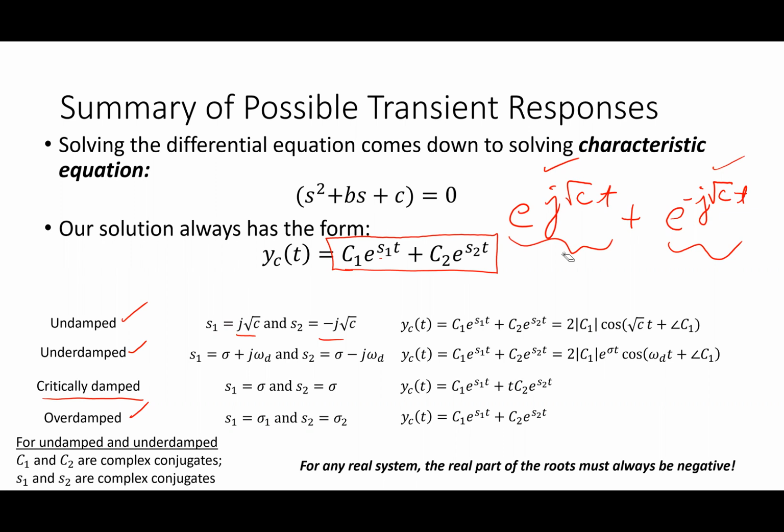So in other words, the answer is always exponentials, but if those exponentials are complex, then what I get is a sinusoid. And if it's underdamped, meaning there's a real part, I'm getting a cosine that decays. So the weird thing about this undamped case is I can get a situation where the transient response isn't really transient, it actually stays there.